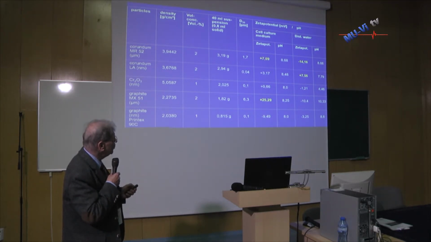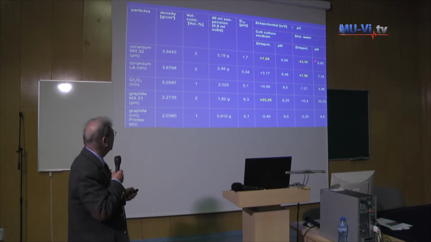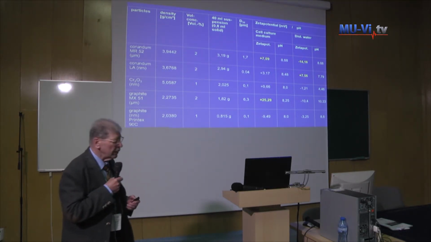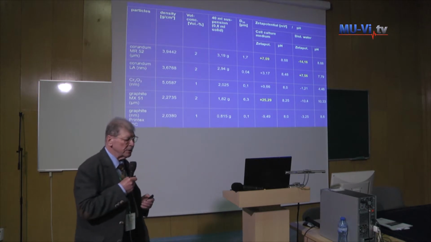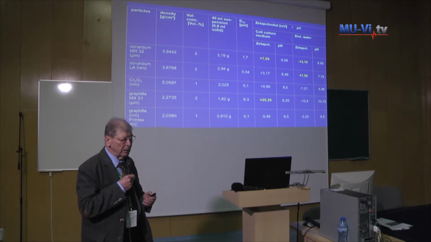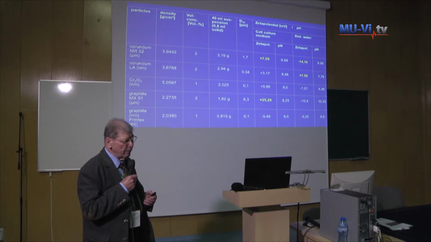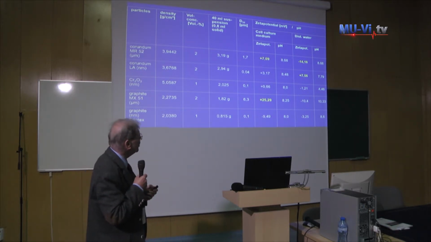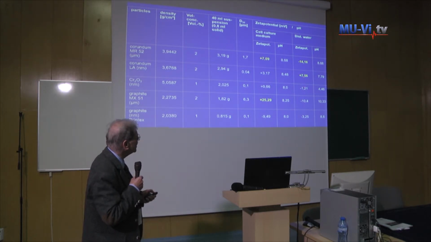So, for example, in distilled water, you have an important difference in the zeta potential. This means the zeta potential is the electrical possibility of the particle surface, between minus 14 and plus 7.